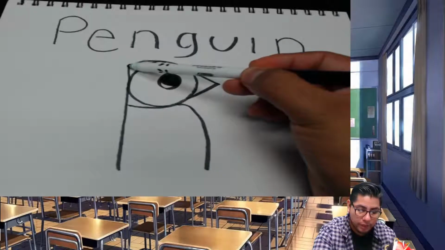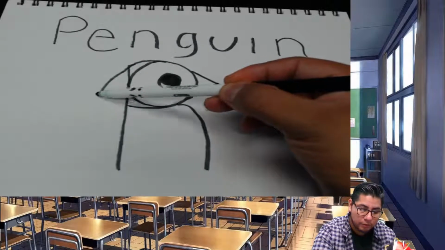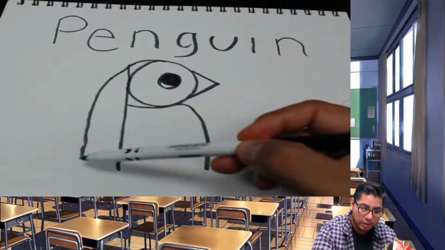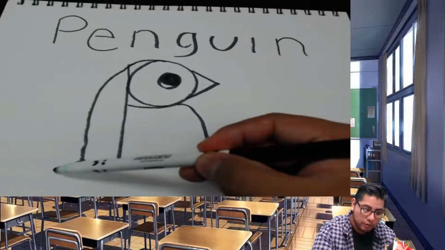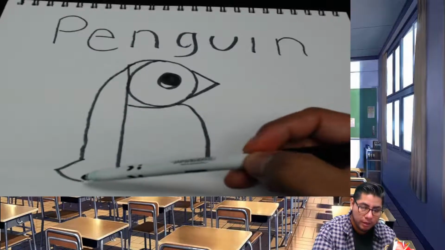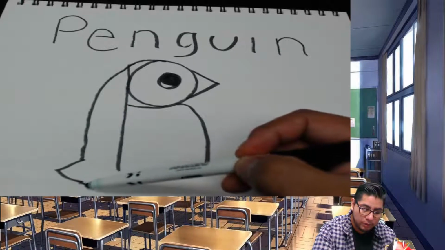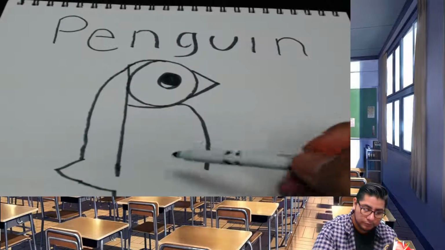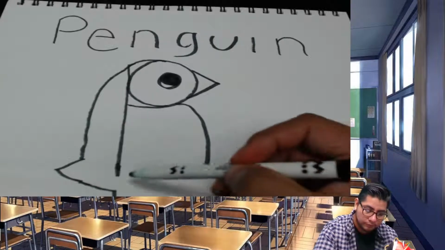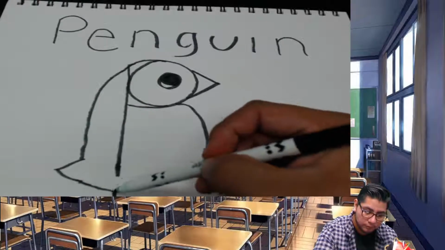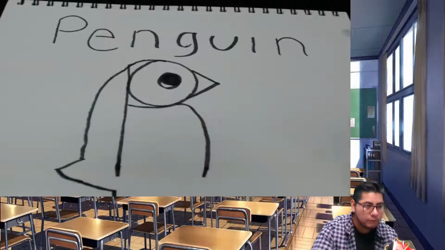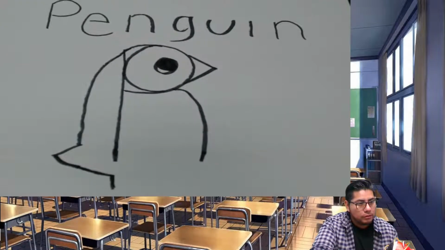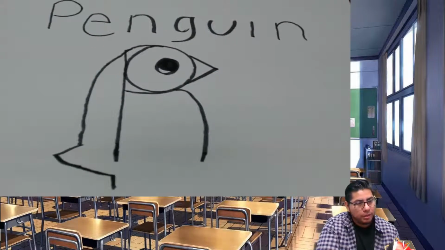From the top of the head, we're gonna go down to about here, make a little triangle that makes a tail, and keep going in the triangle, and then go down. So that's our penguin so far.